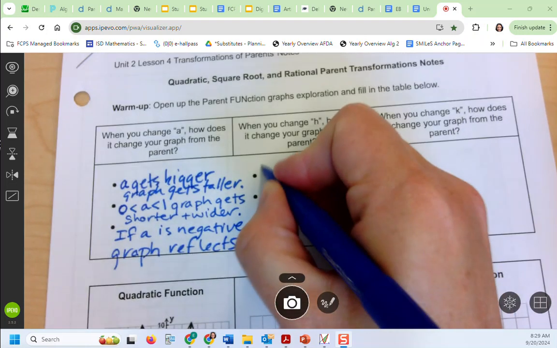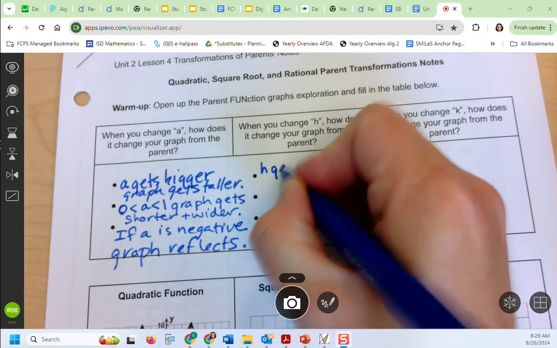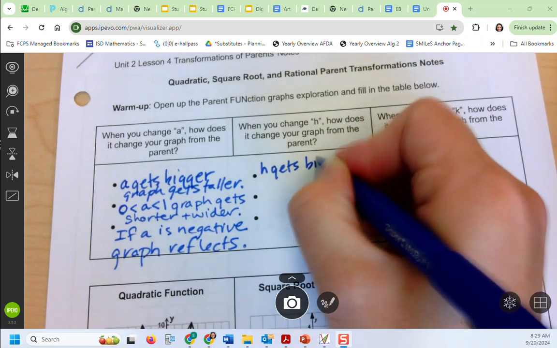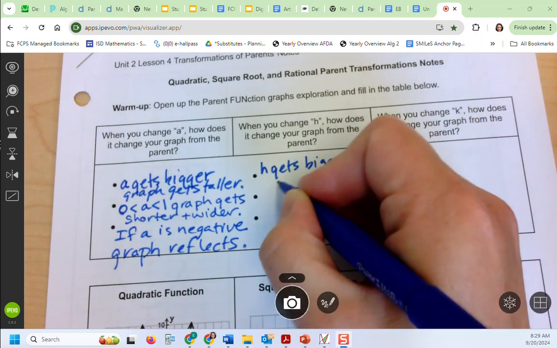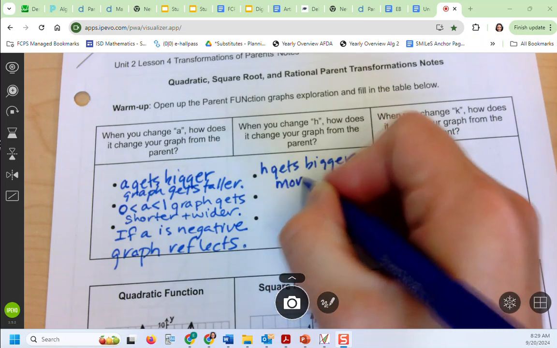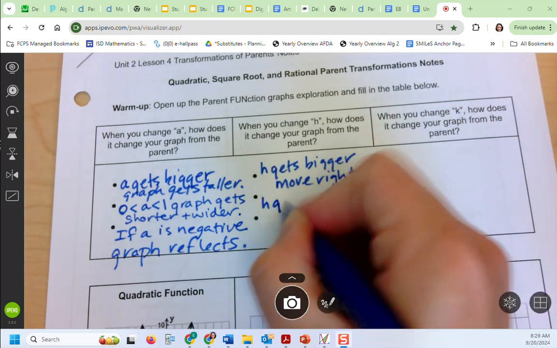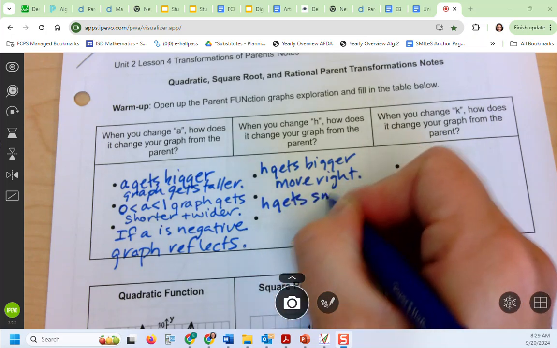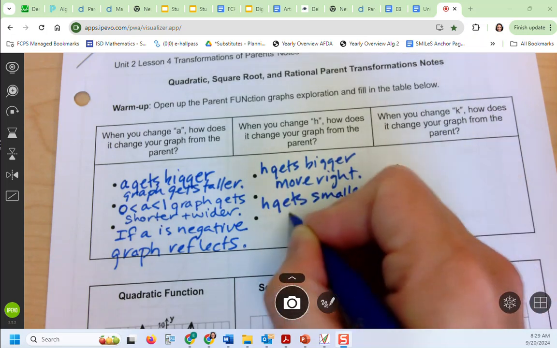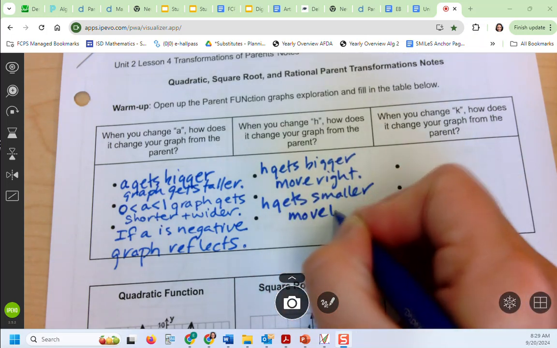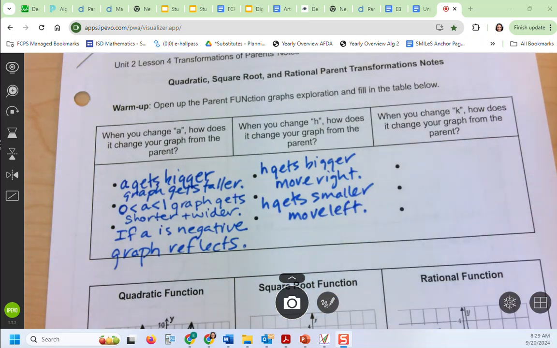So when h gets bigger, you move right. And if h gets smaller, you move left. And that makes sense, right?